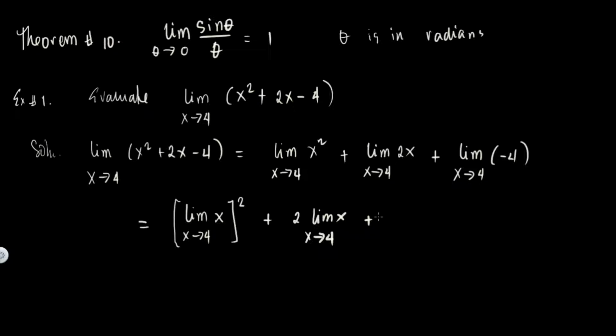Constant, no? Okay. So, the limit of the constant is yung k din. So, limit of k as x approaches a is k. So in this case, the k is negative 4. So plus negative 4. Okay? Plus negative 4 or minus 4 here.